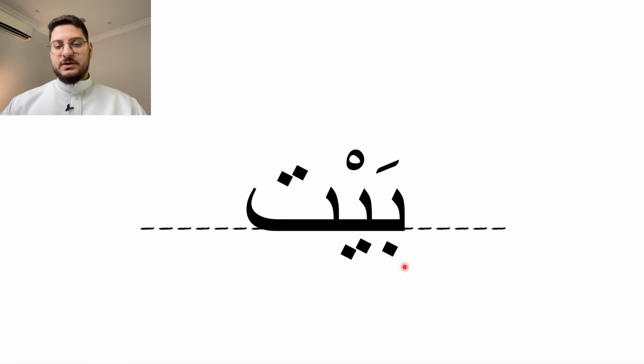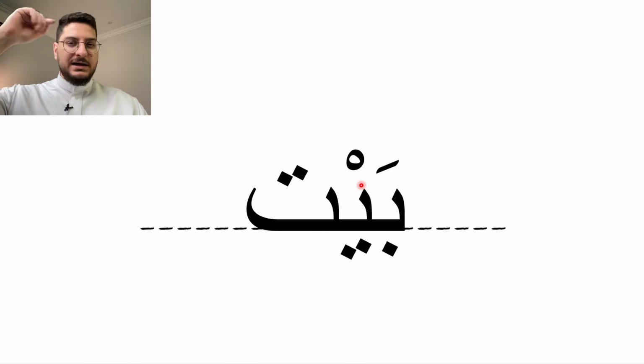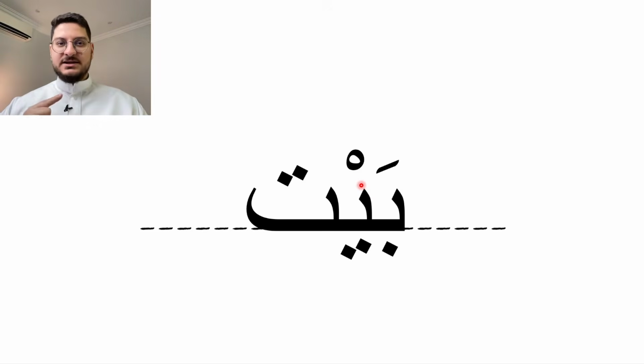Let's look at the next one. So what do we have here at the beginning? We have this letter with one dot below, so that's a ba. And then what do we have here? We have this letter with two dots below, so that's the ya, but it has this circle, which means it's not ya, it's not yi, it's not yu, it's just ay.